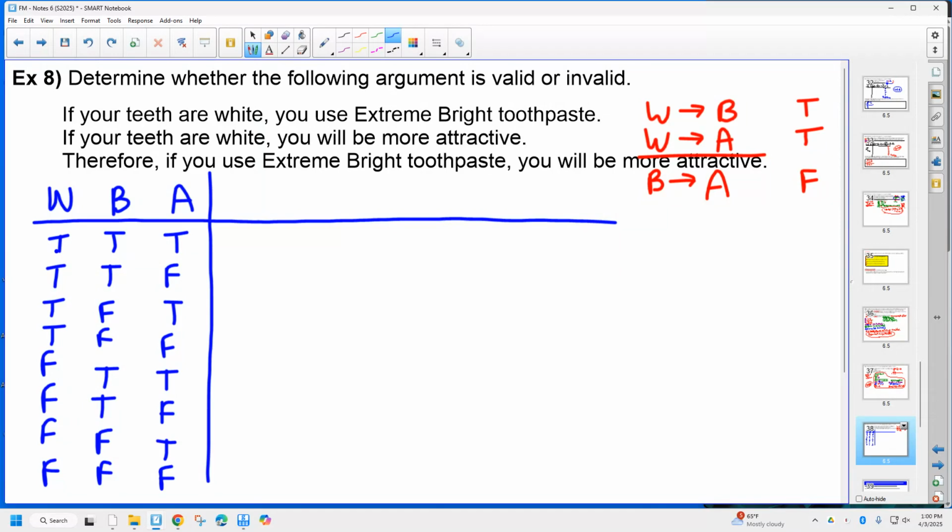And that's what it's always going to look like with 8 rows. Now, we got to look at the premises. Imply the conclusion.